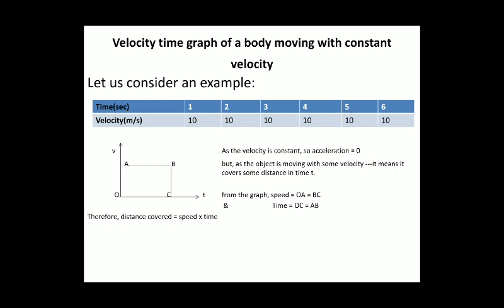What is speed here? Speed is OA and time is OC, right? So OA into AC, that is the length into breadth, and that is the area of a rectangle. It means the area under the graph AB is giving us the distance covered by an object in a particular instant of time.